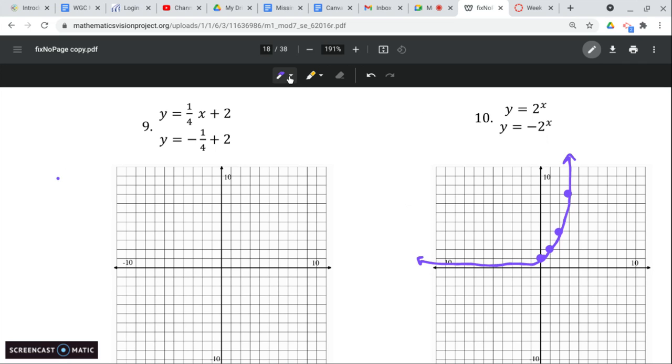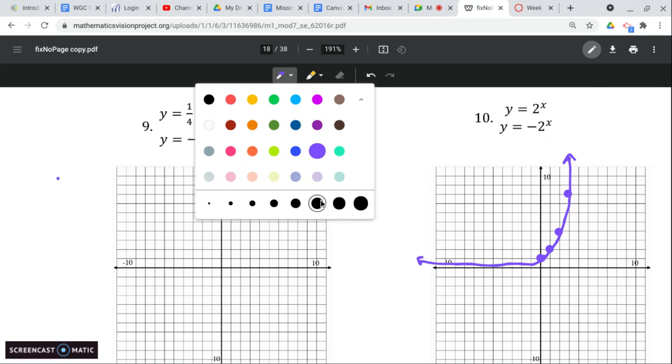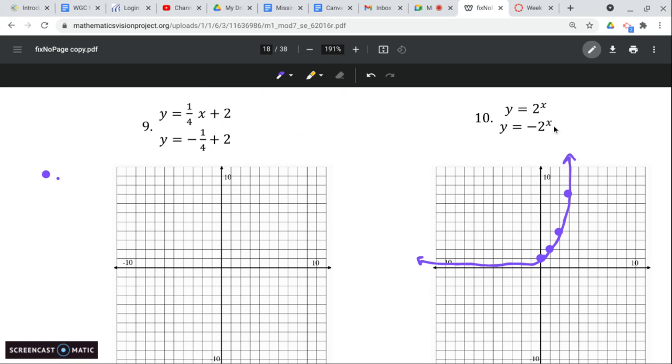Now, for the -2, because the negative is not contained within the power of x, that means that our answers can be negative. So -2 to the 0 power is going to be -1. -2 to the first power is going to be -2. -2 to the second power is going to be -4.